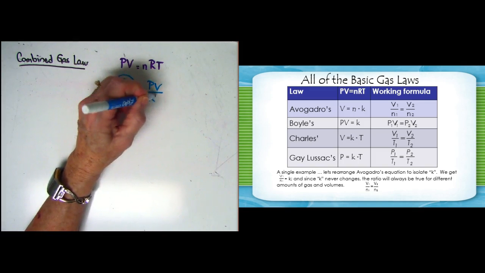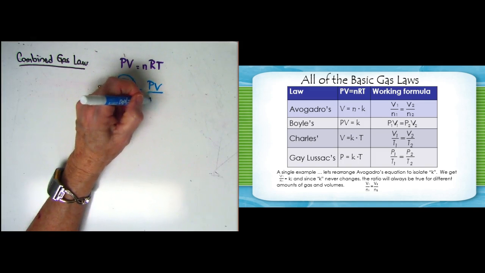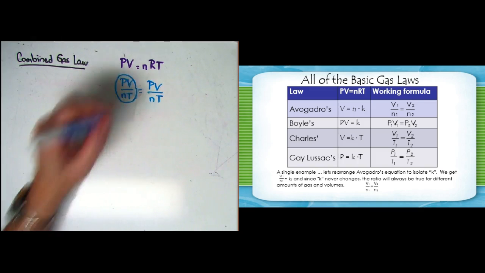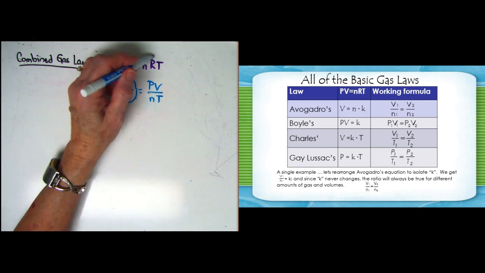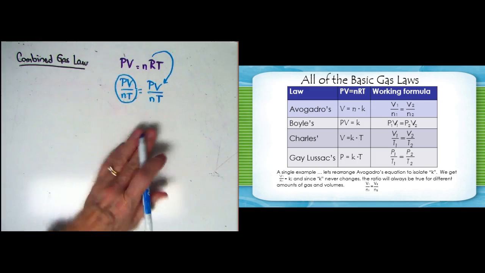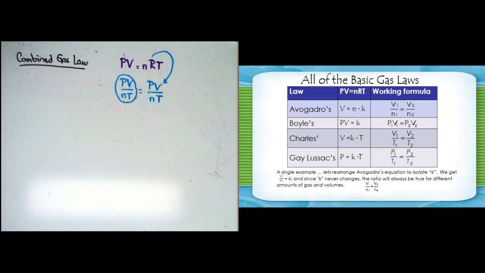Because remember, R is also pressure times volume divided by moles and temperature. So because that's how we made R, pressure, volume, moles, and temperature can be on this side. So instead of standard conditions, there are other conditions. Right? So I just want you to understand it all comes back together.